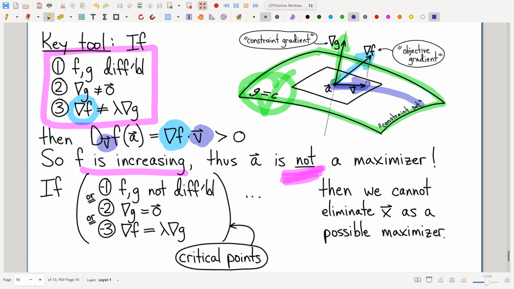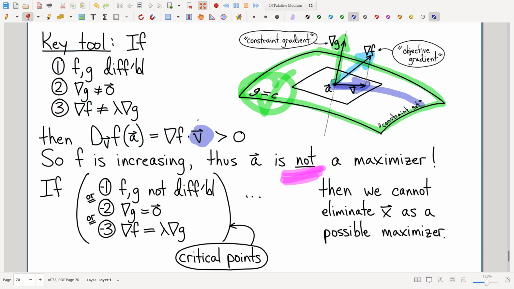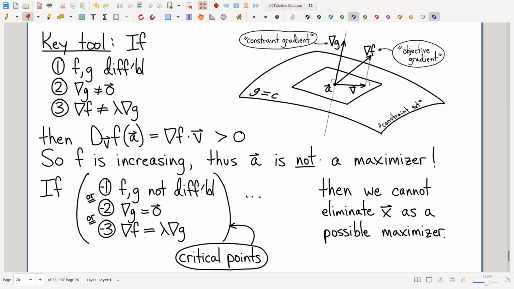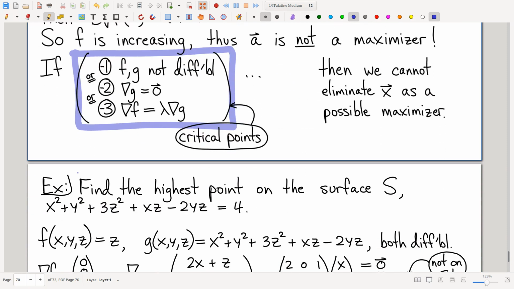Okay. All right, so again, the way we turn this into a useful process is we look for where one of those conditions might fail. We've got three conditions to fail. Again, we call these critical points. This one I like to call the differentiability condition. For reasons that I can't talk about in this course, this is called the degeneracy condition.